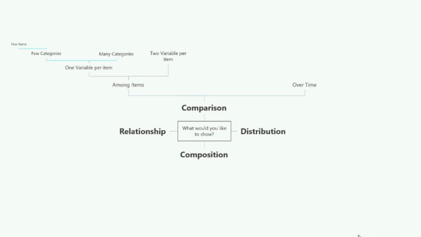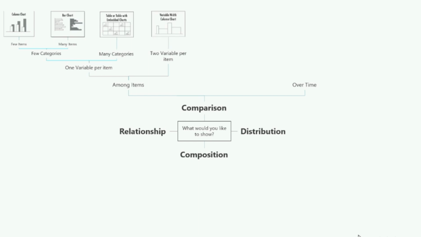Inside few categories, there are few items and many items. For few items we usually use column charts. For many items we switch to bar charts. For many categories, we switch to a grid, and at last there is the variable width column chart.